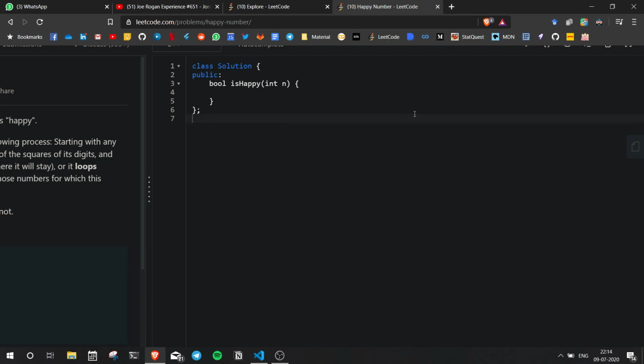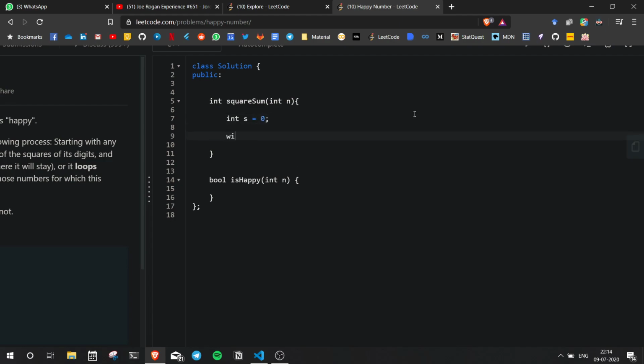To do that, first we will write a helper function which will just give us the sum of the squares of the individual digits separated. So ints will have the sum, and we need to separate out all the digits.